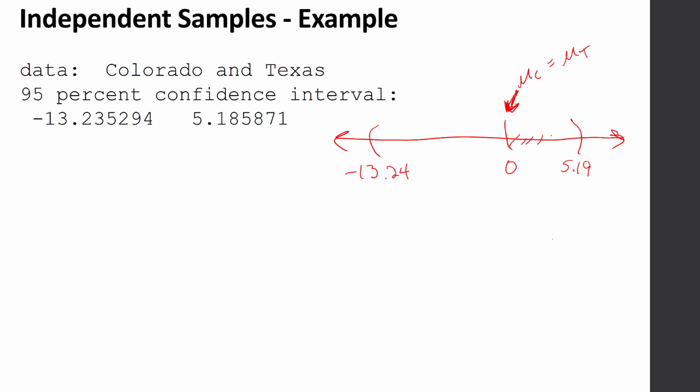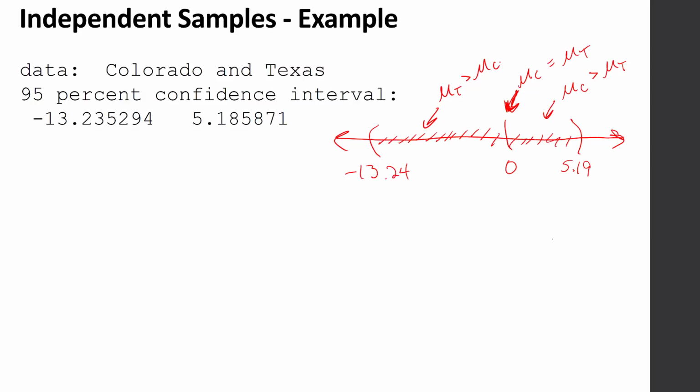What if it was one of these positive values? If it was one of those positive values, then mu Colorado is bigger than mu Texas, because if you subtract them and get a positive number, it means Colorado is bigger. However, if the real difference happens to be one of these negative numbers, then mu Texas might actually be bigger than mu Colorado, because if you take mu Colorado minus mu Texas and you get a negative number, it means mu for Texas is bigger.